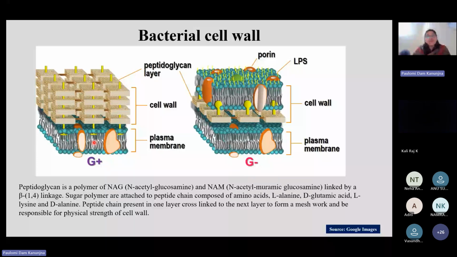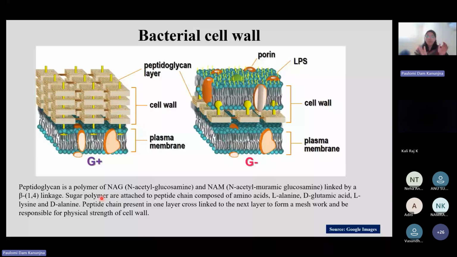This cell wall layer is made up of a peptidoglycan layer. What is peptidoglycan? As the name suggests, it has a peptide and also sugar residues. It is made up of NAG and NAM molecules, or polymers of these molecules, linked by beta-1,4 linkage. These are polymers which have sugar attached on a peptide chain.